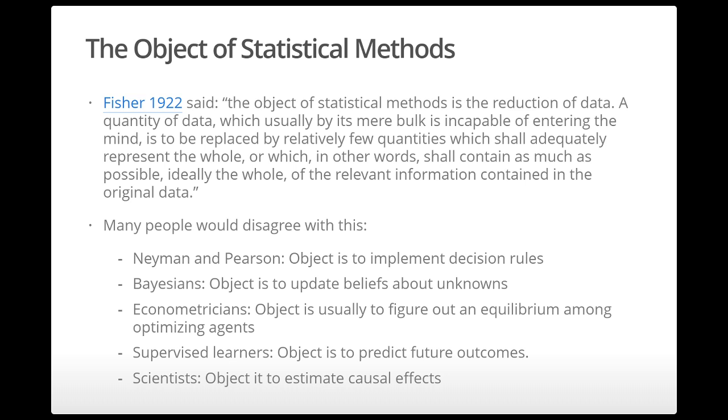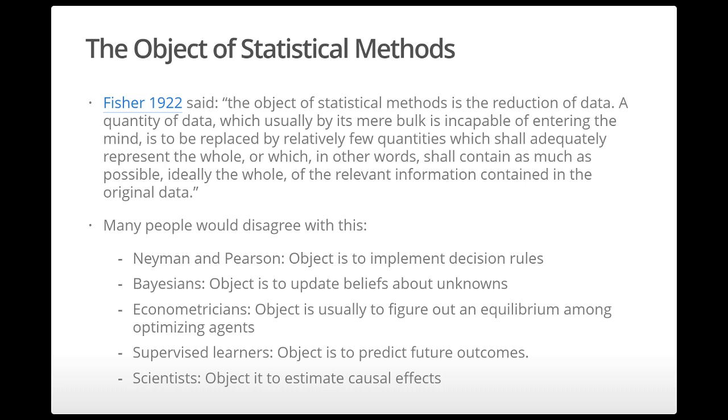Notably, Fisher's, let's say, colleague, an enemy, Neyman, who would say, well, the object is to implement decision rules that have good properties across all the decisions we make. Bayesians clearly object that the object is to update your beliefs about the unknowns. Econometricians, who sort of, depending on how you count, started around in the 1940s, would not have agreed.